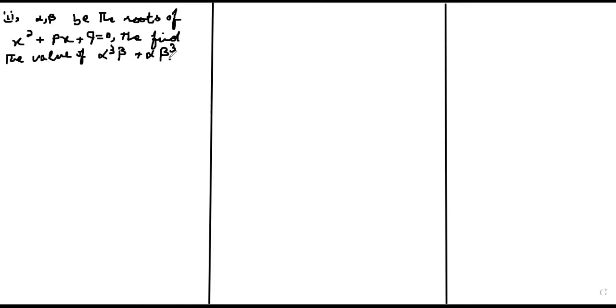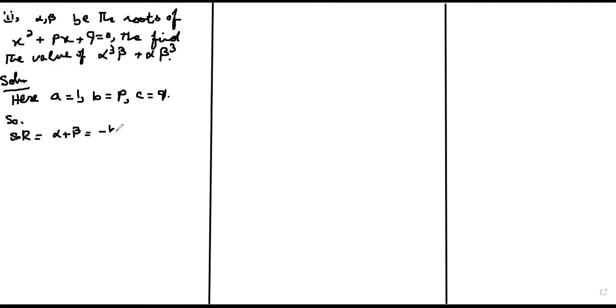Right? So again, we start our solution by finding the values of a, b, c first. So here a equals to 1, b equals to p, and c equals to q. Right? So sum of the roots equals to alpha plus beta. We have to do the same procedures many times.